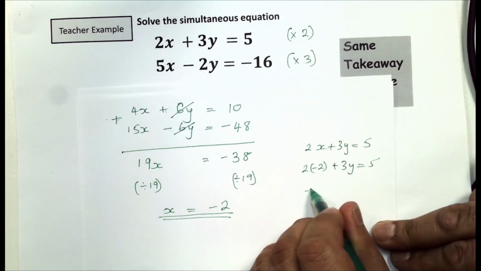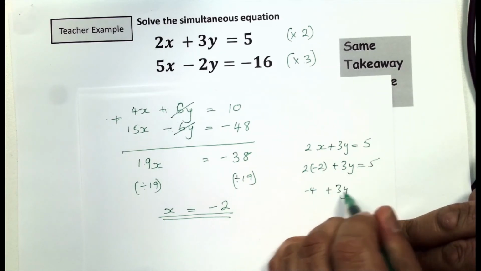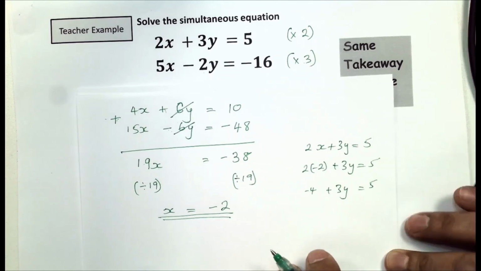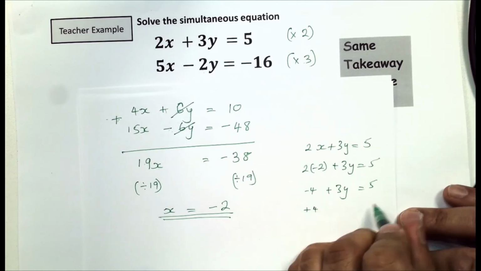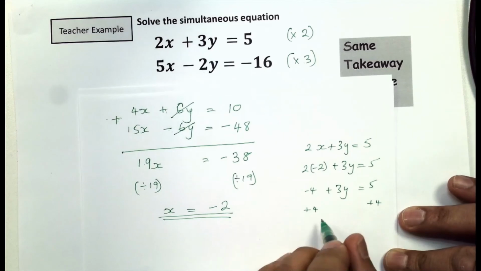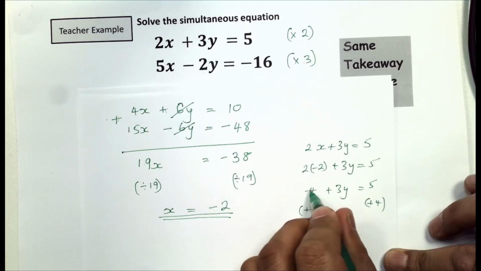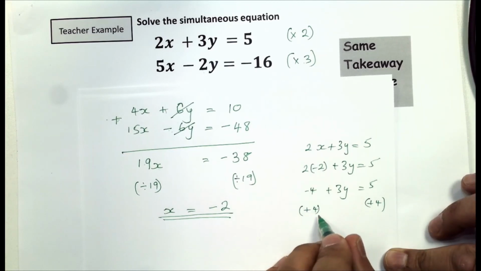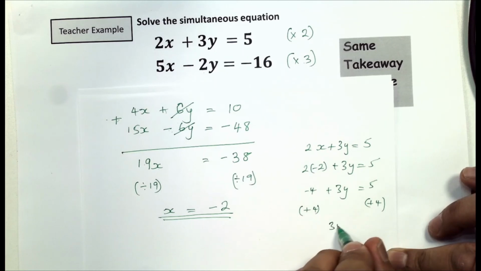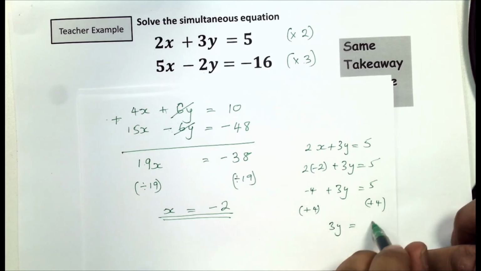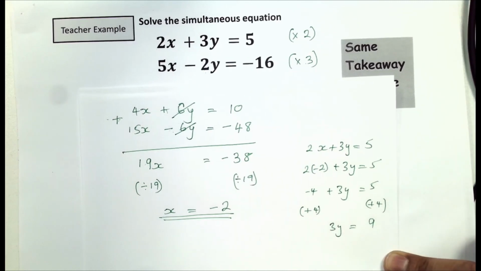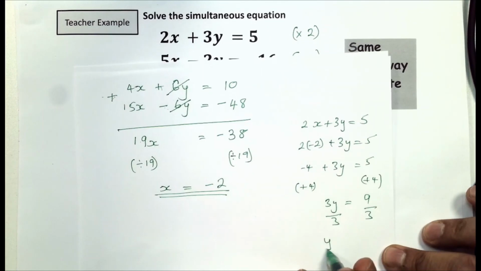That's minus 4 plus 3y equals 5. Add 4 to both sides. So minus 4 plus 4 equals 0, and you're left with 3y is equal to 9. 5 plus 4 equals 9. Divide by 3, and that gives us y is equal to 3.